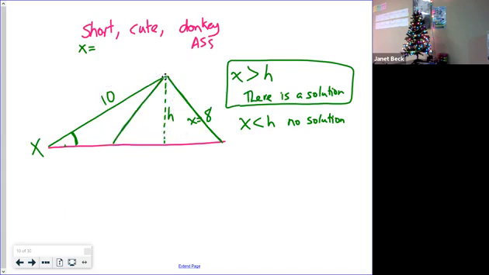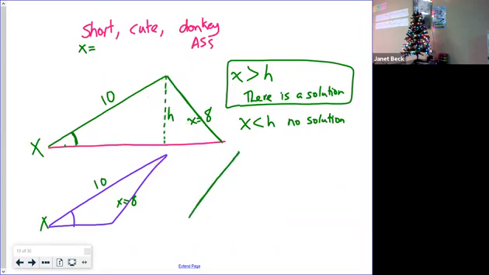Can you see you can have two solutions? I'm just going to draw this triangle and move it out of place. That's got the same angle x, the same side length 10, the same x side length here of 8. I just swung it a different way. Just two solutions.